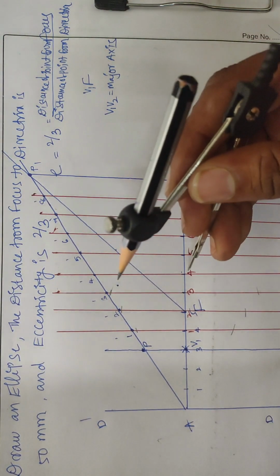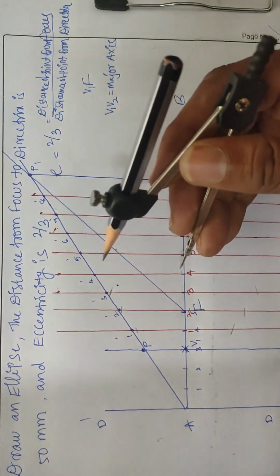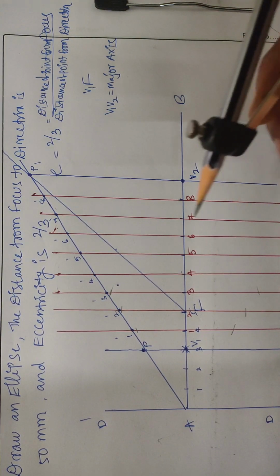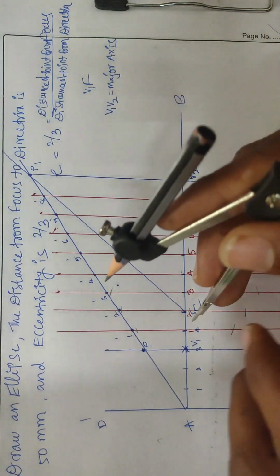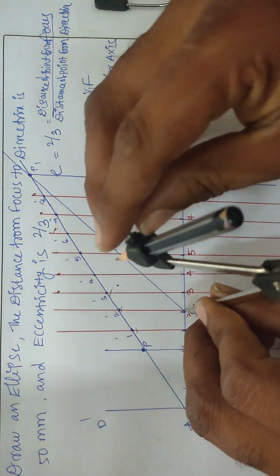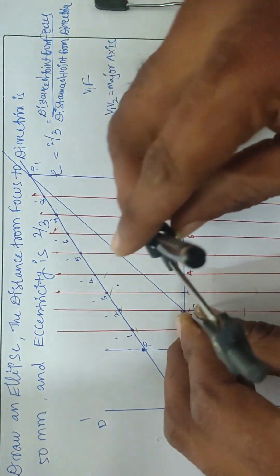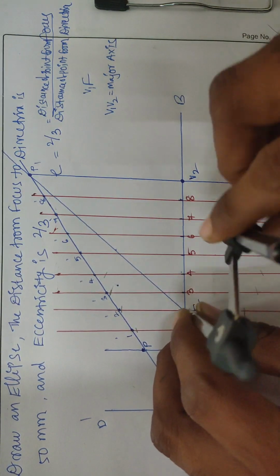Like this, similarly, we need to use all the distances. Now the 4 to 4 dash distance, focus as center, arcs towards up as well as down.